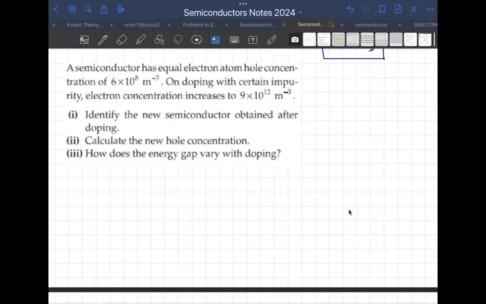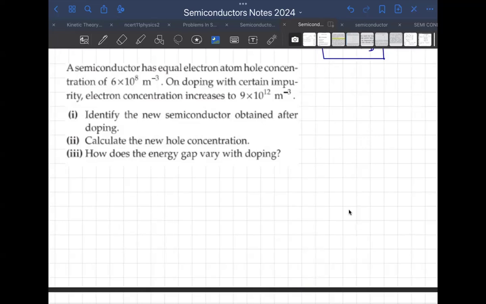A semiconductor has equal electron and hole concentration of 6 into 10 power 8. Basically, initially it is intrinsic. On doping with a certain impurity, electron concentration increases to 9 into 10 to the power of 12 per meter cube. Identify the new semiconductor obtained after doping.